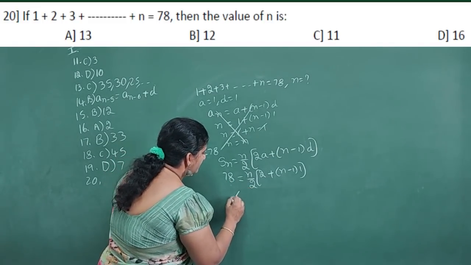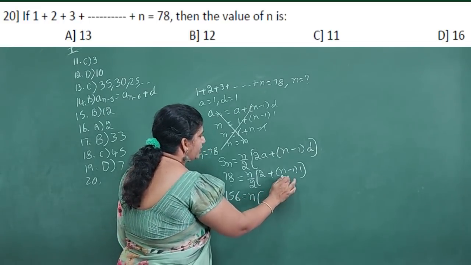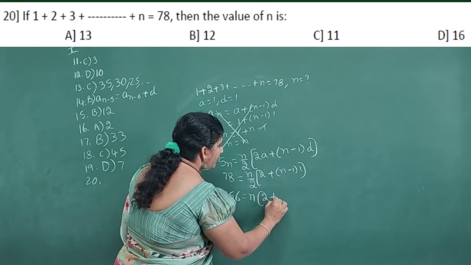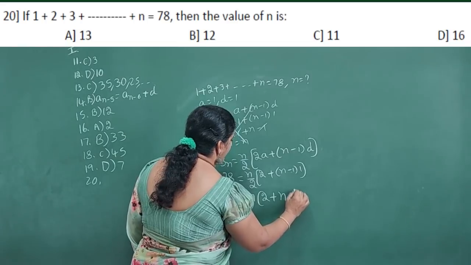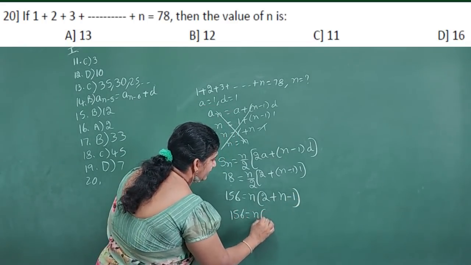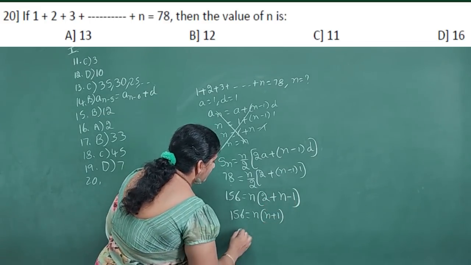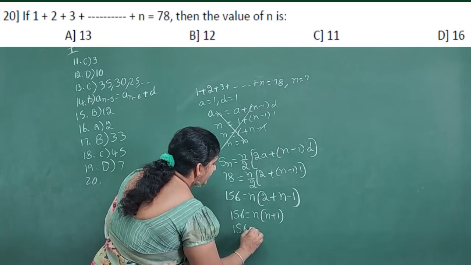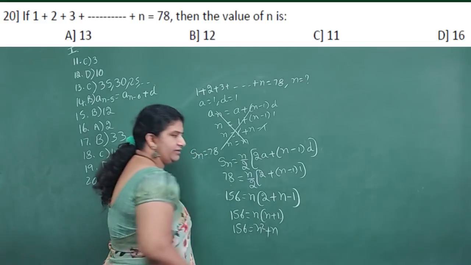78 2s are 156 is equal to n into, remove the brackets, 2 plus n minus 1. 156 is equal to n into 2 minus 1 will be plus 1, n plus 1. N into n is n square, plus n into 1, n.